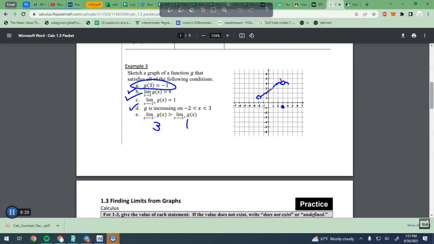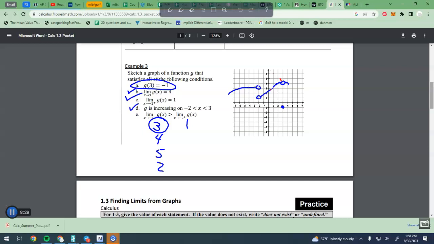I'm just going to say 3, but realize it could be 4, 5, 2, anything. To represent that, I'm going to put an open circle at 3. And then as I come from the left, I need to be going towards that. That part okay?